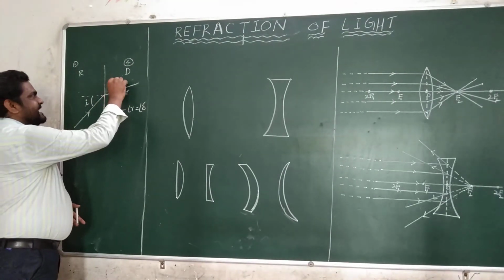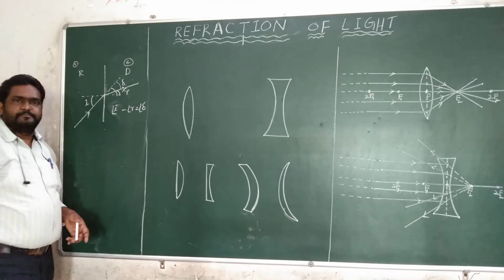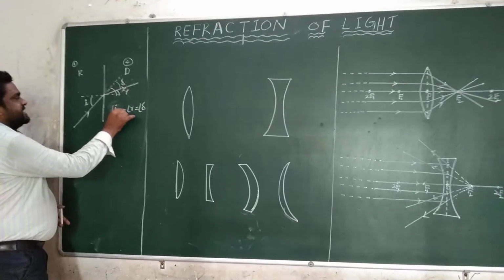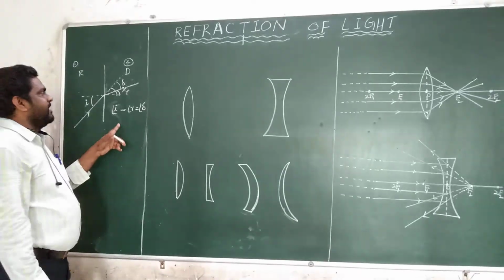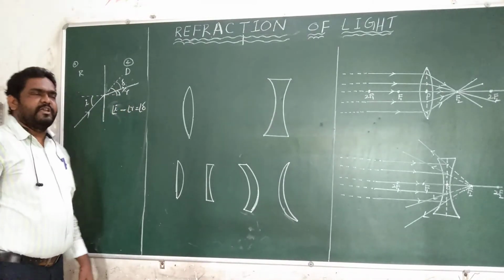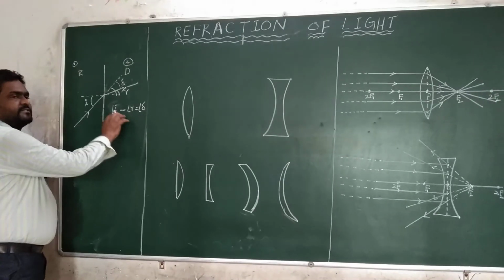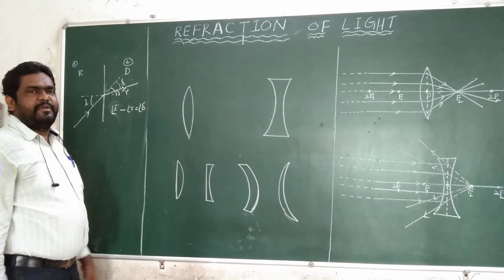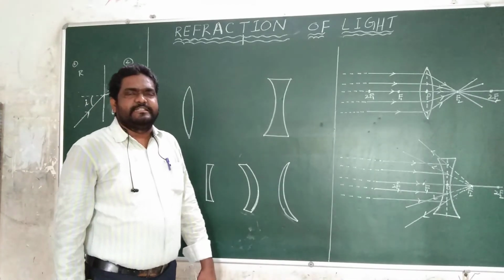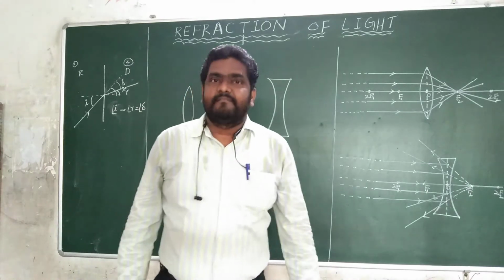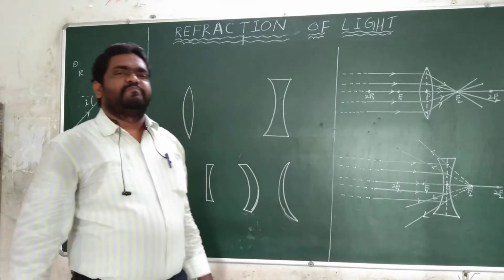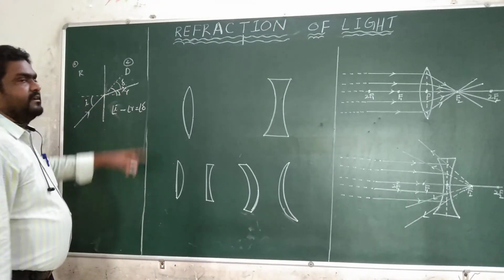Angle of deviation equals angle i minus angle r, because when the light travels from the rarer medium to the denser medium, the speed decreases and the refracted ray bends towards the normal.